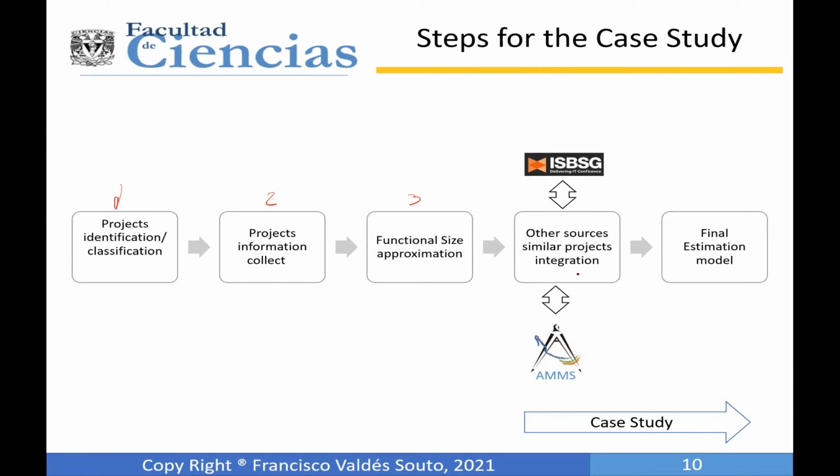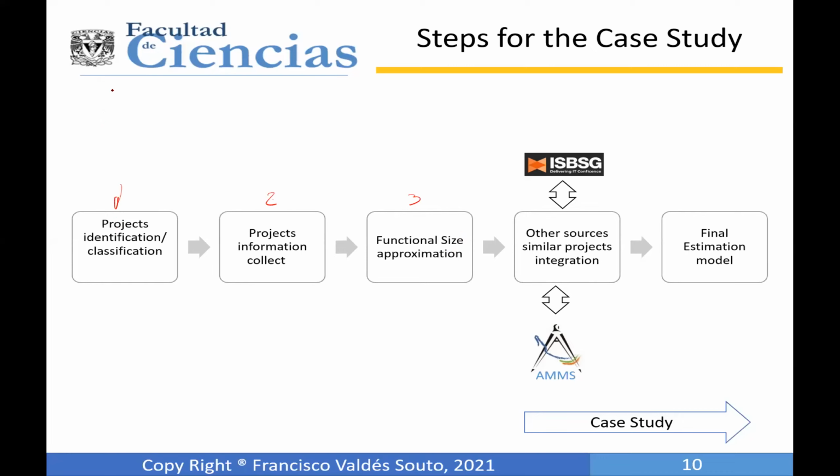So we do not need to measure precisely, because with the functional size approximation, it has been proven that we have equivalent behavior to other databases like the ISBSG that have been measured directly using distinct standards. At this point we identify the projects, we collect information, and we measure the projects.